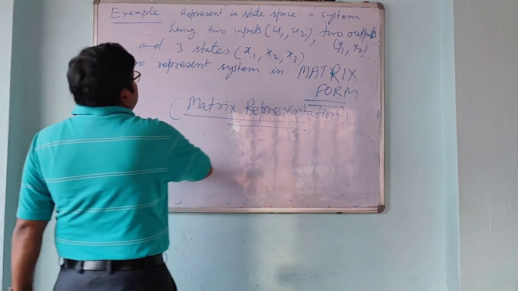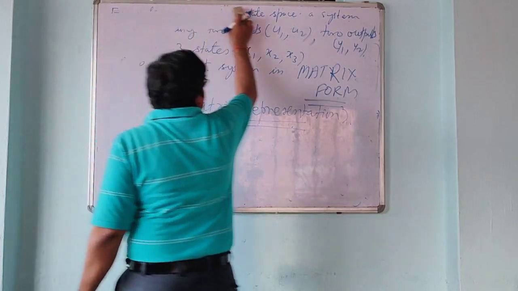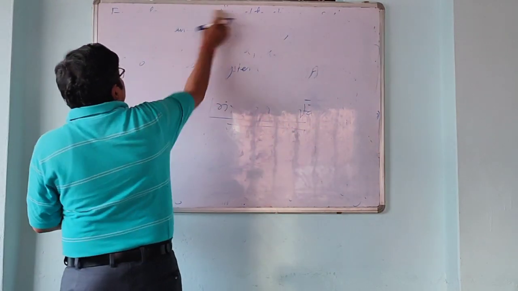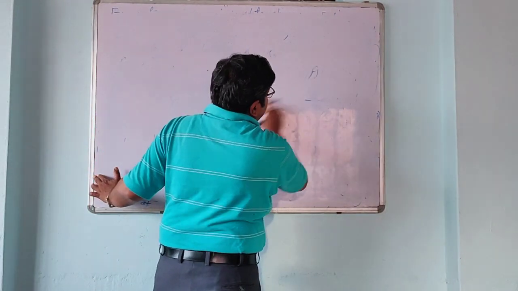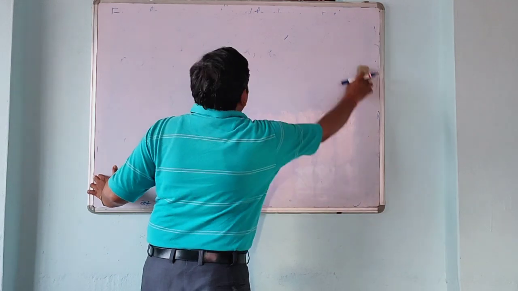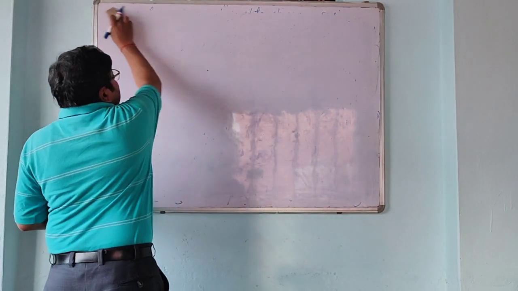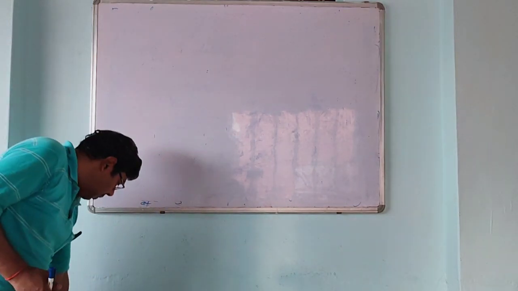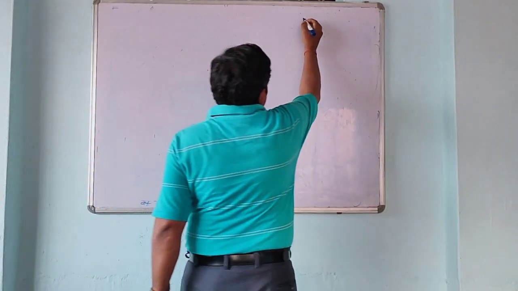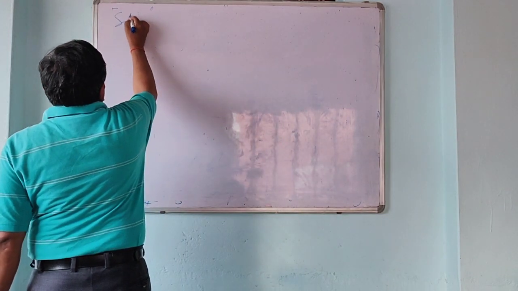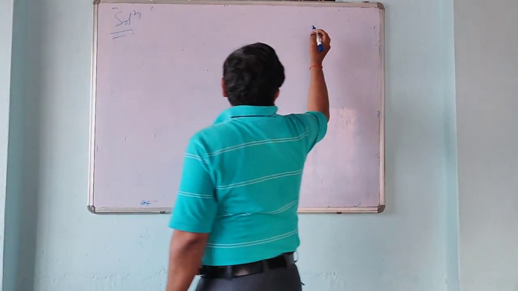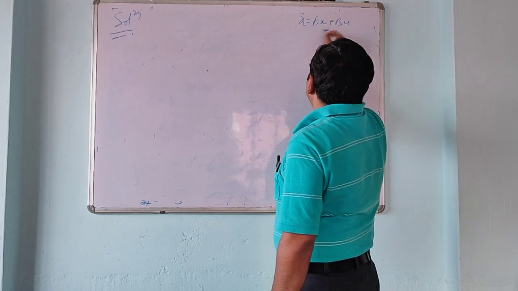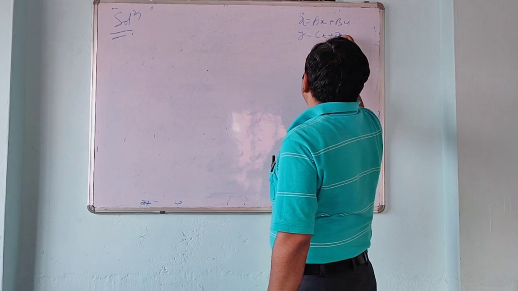Now we are starting the solution of this problem. How can we represent? Obviously this system involves 3 states, which means this is a third order system. So the basic equations are: x dot equals Ax plus Bu and y equals Cx plus Du.